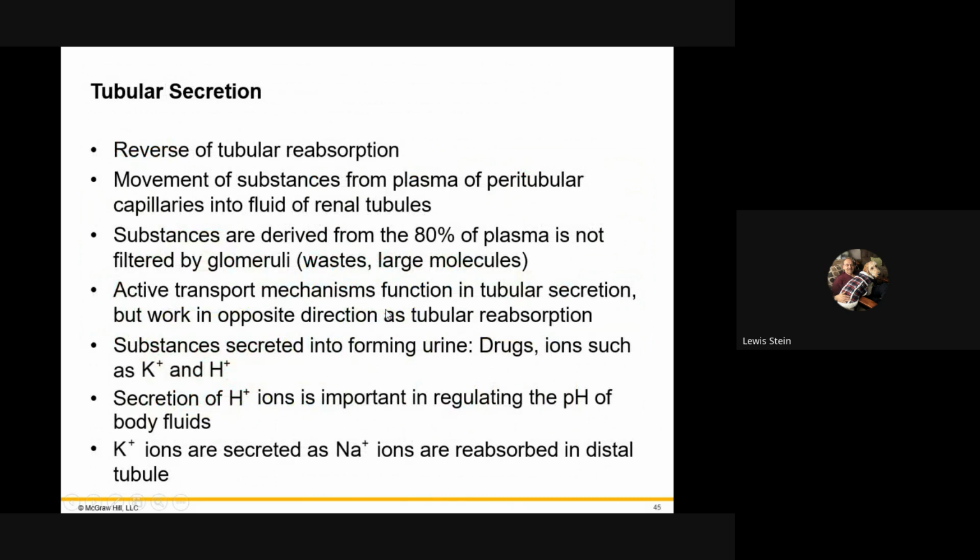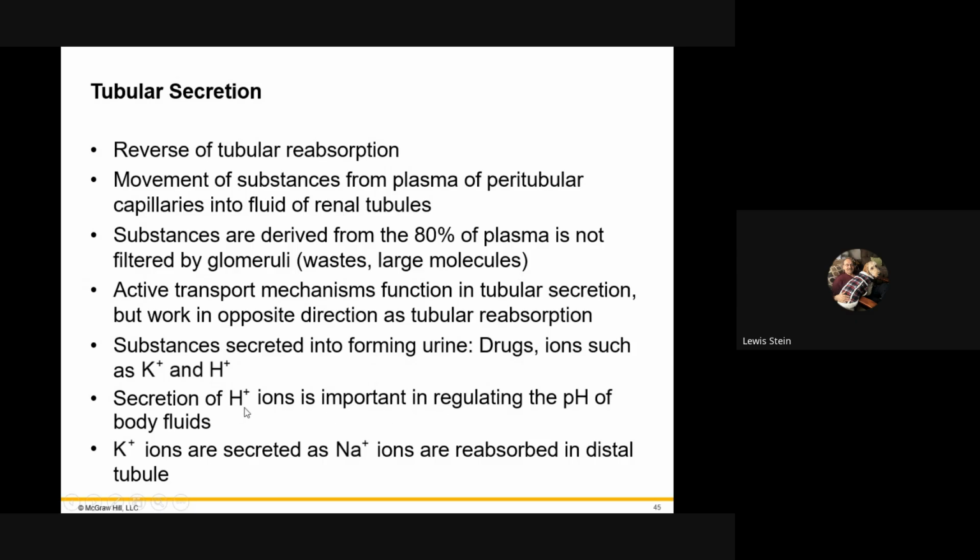And secretion is just the reverse of reabsorption. We move it out. 80% of the plasma is not filtered by the glomeruli, so these substances are derived from that waste in large molecules. We transport them: drugs, potassium, protons, hydrogen ions, part of acidity.